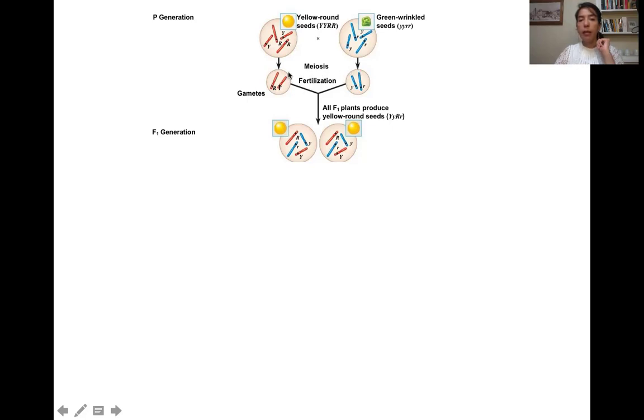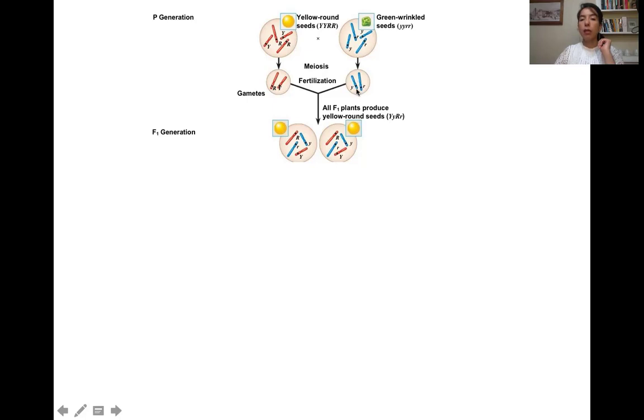And the only gametes possible that these yellow rounded seeds are going to form are gametes with big R and big Y. And similarly, the individuals with green wrinkled seeds are going to form gametes with little y and little r, okay?